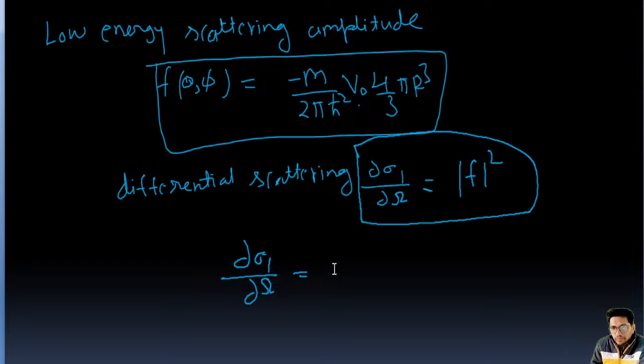So it is going to be |f|², and because it's a whole square, we get m² upon 3πħ² whole square times (V0 r³)². The 2 will get cancelled with this 2 times. So it is 2mV0 r³ upon 3ħ² whole square.